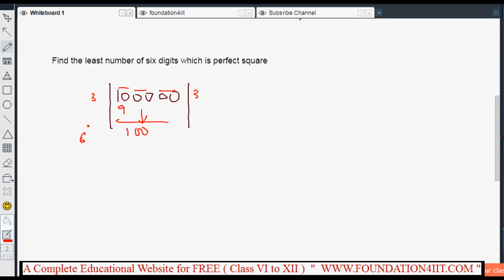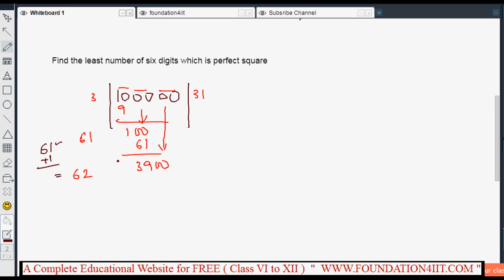Then 61 ones are 61. Then if you subtract, that is 39. Take the next period, that is 2 zeros. Now this units place is 1, so one more 1 I should add to this, that becomes 62.